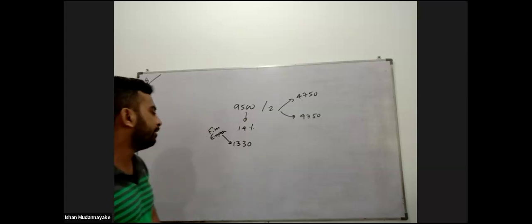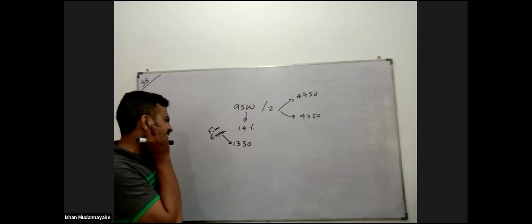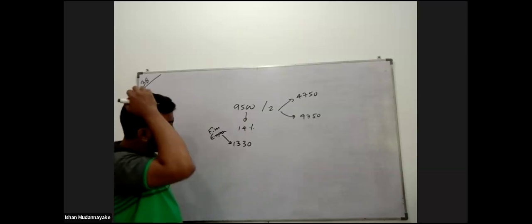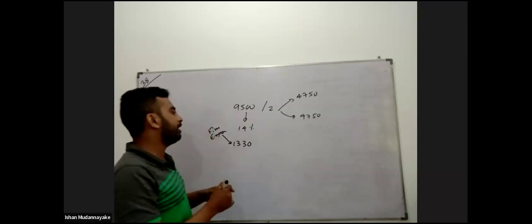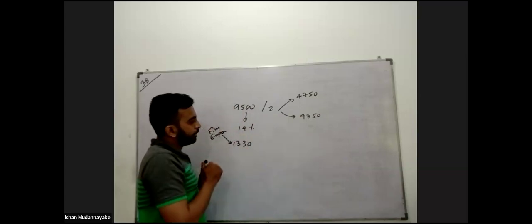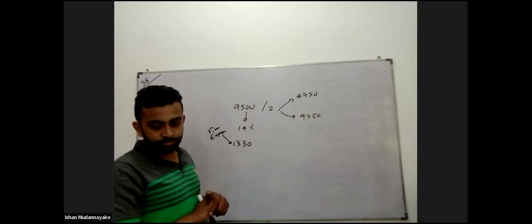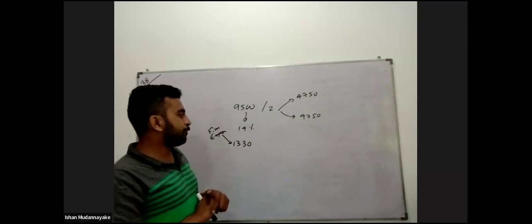Right. Now, for the current financial year, we need to pay 4,750, and then in total 9,500 we need to settle in 2 installments. One installment is 4,750.